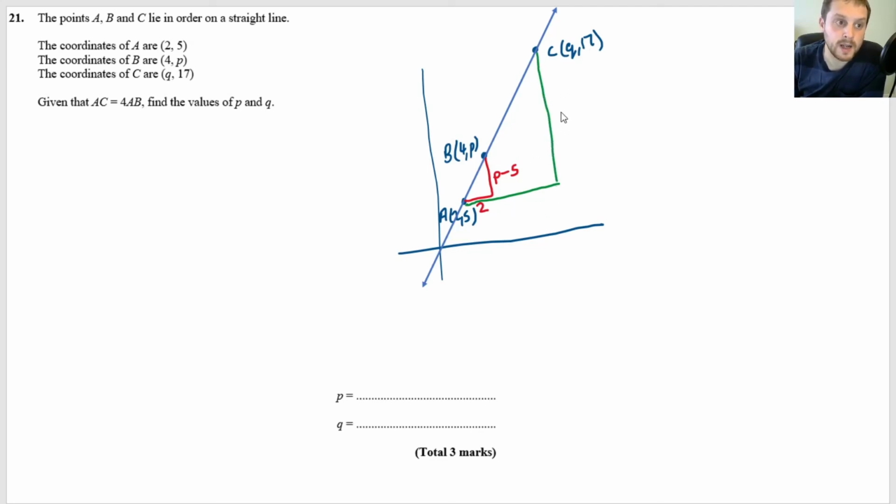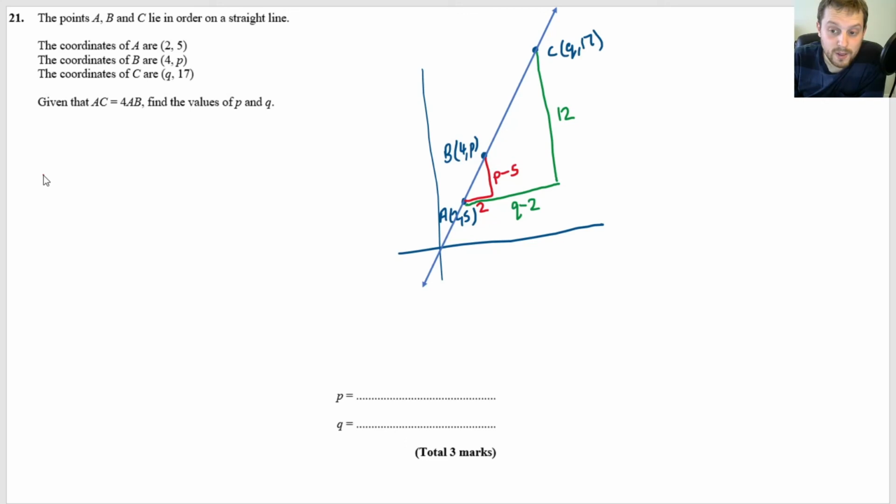So let's do the height first. It goes from 5 up to 17 up, so that must be 12. And this along number, unfortunately, we don't actually know what that is either. It involves Q. We have to do Q take away 2. So this is where it really likes to crash a lot, but let's just hope.